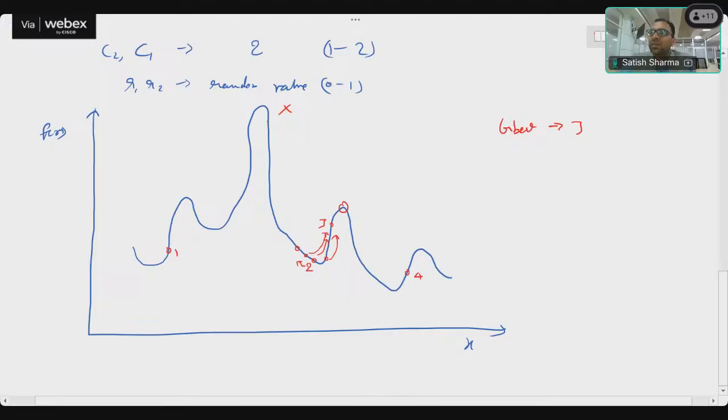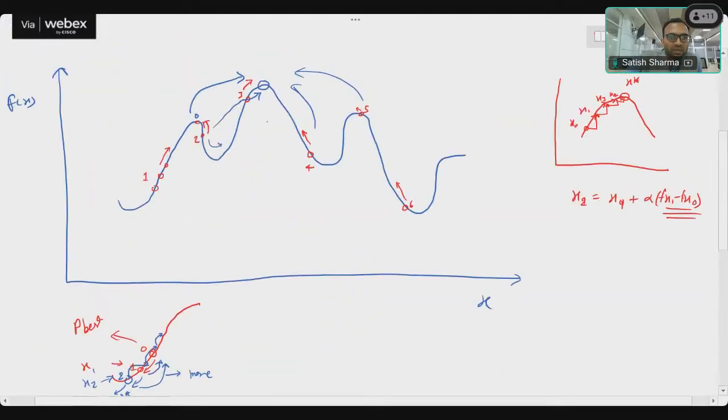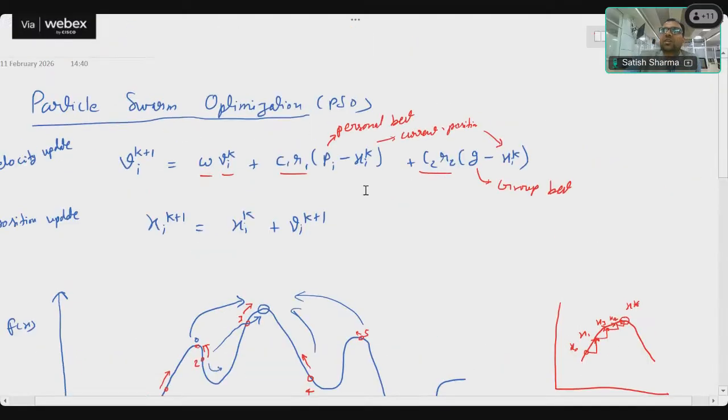So the advancements or improvements are that we can define these updates dynamically with iterations. So first, whatever randomly initial points we have created, we should look for solutions nearby those points only.